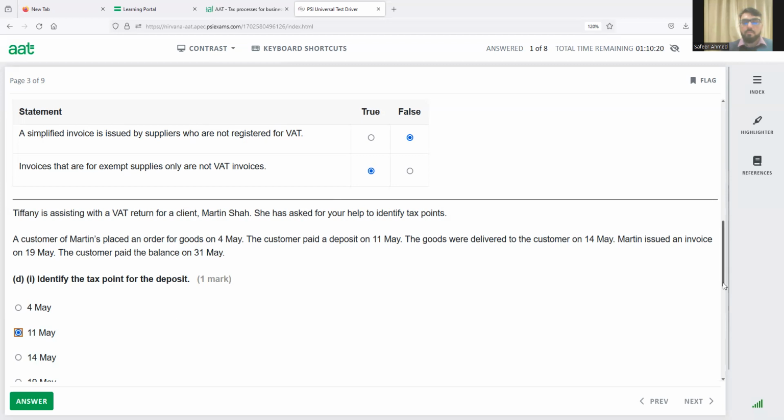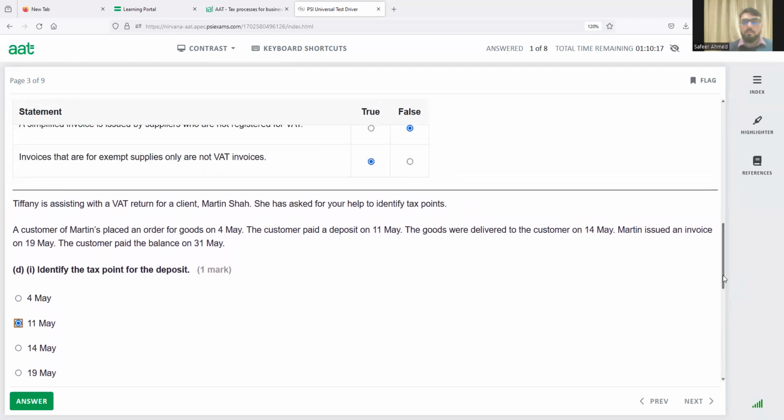Now, what about the remaining payment, which is the next part of this question? Again, you look at a few things. First of all, you look at the basic tax point, which we already established is 14th of May, when the goods were delivered. If the invoice is issued within 14 days from the basic tax point, then the invoice date becomes your actual tax point. However, if the invoice was issued after 14 days from the basic tax point, then the basic tax point would have been your tax point for the remaining part of this transaction.